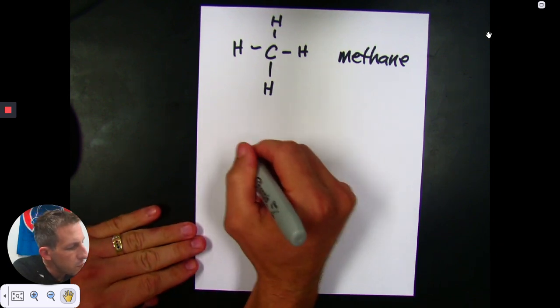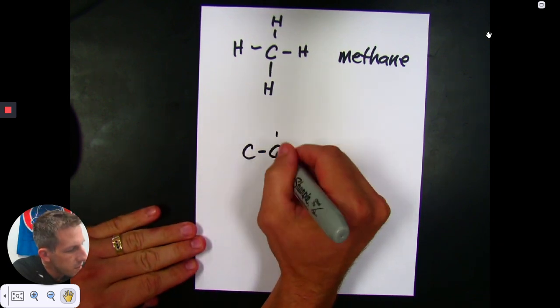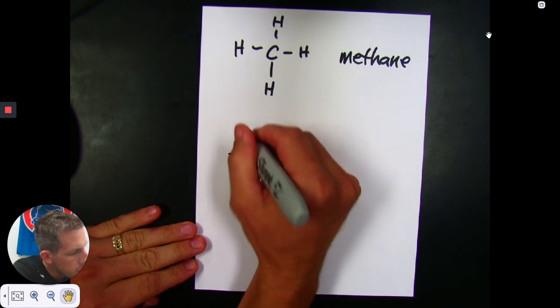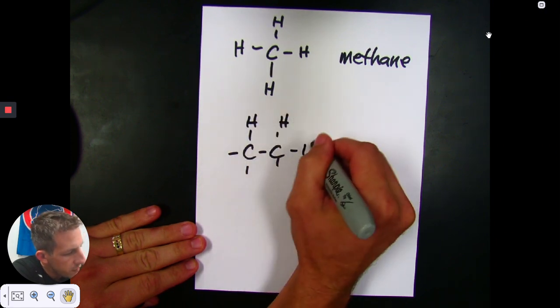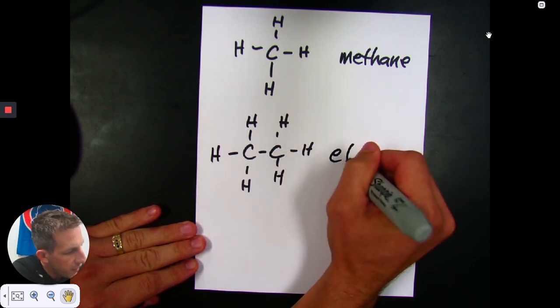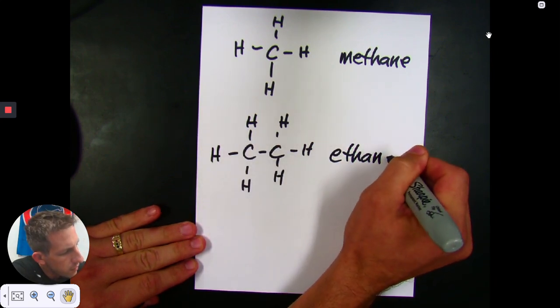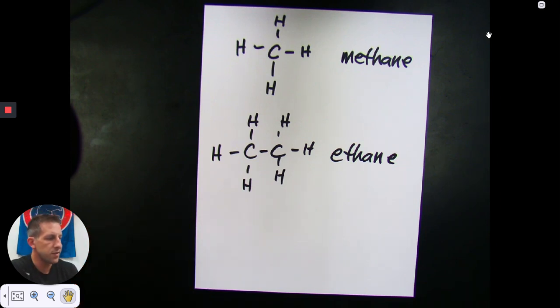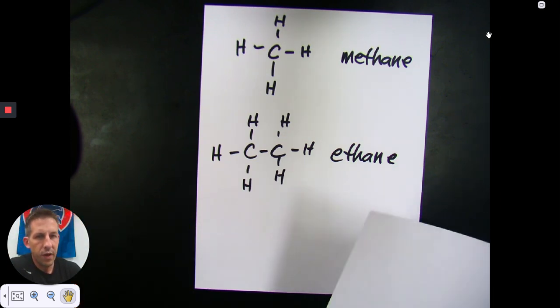This one we established earlier is, yep, you should be able to get this before I'm even done writing all the H's. We've established this one as ethane. Okay, good, yes? All right, let me overlay this.